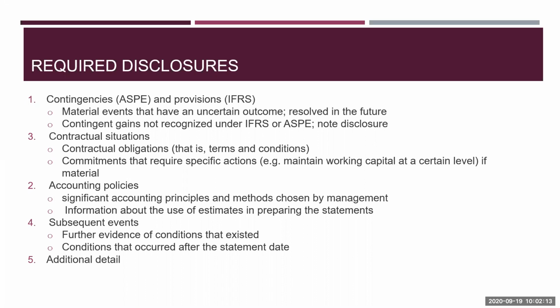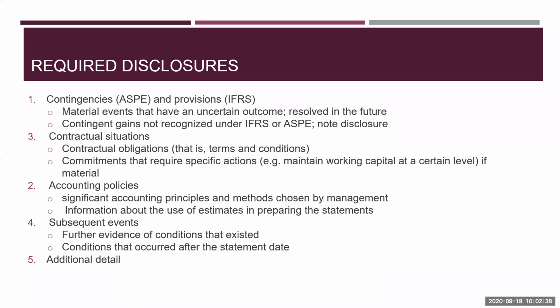Then we have subsequent events. A subsequent event is further evidence of a condition that exists. Okay, as of today, do we know of anything that will affect the future period, but the transaction is a result of the past? So if we know of any subsequent events, then we have to state that.